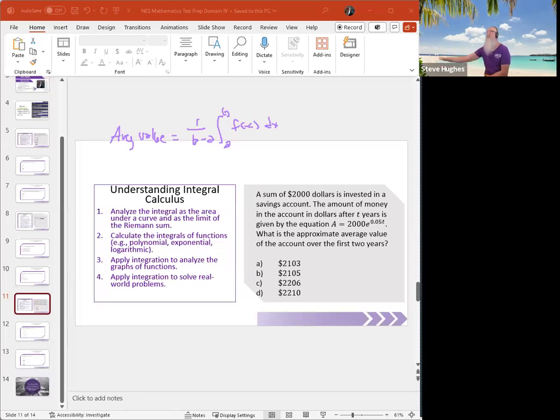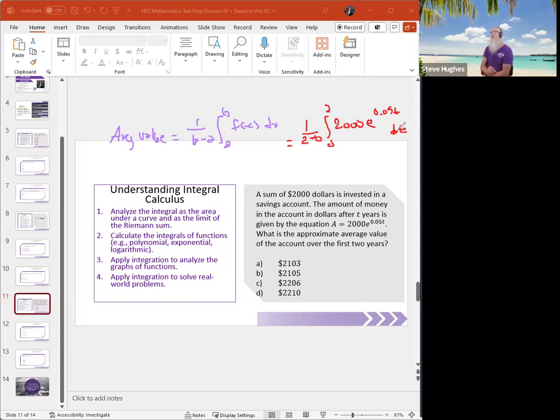All right, let's go. Change colors here for a minute. We want to find our value for the first 2 years. So 0, 1, and 2, right? So we want to find 1 over 2 minus 0, the integral from 0 to 2, 2,000 e to the 0.05 t dt.